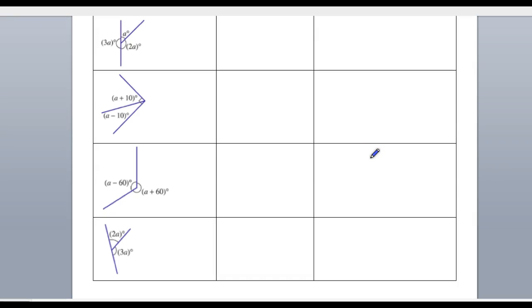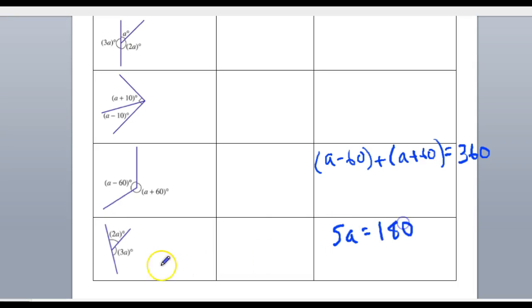Here we've got A minus 60 plus A plus 60 is equal to 360 degrees because we're doing a full revolution. And then the last one, we've got 2A and 3A, so we've got 5A altogether, gives you a supplementary because it's adding up to 180. Okay, so see how you go with that.